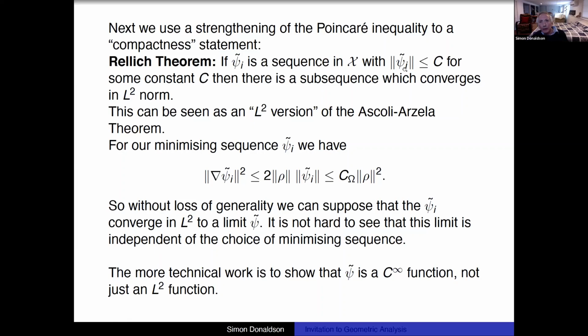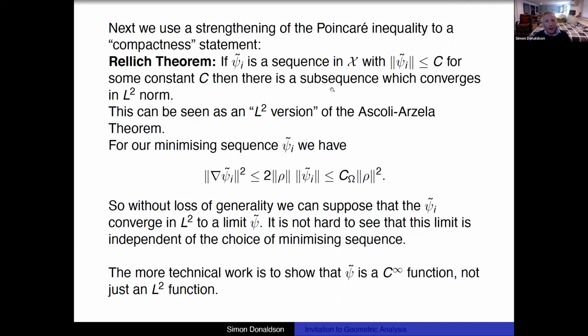This should be the L2 norm of the derivative of the function is less than a constant. Then there's a subsequence which converges in L2 norm. So again, this should be the norm of the derivative of the functions.